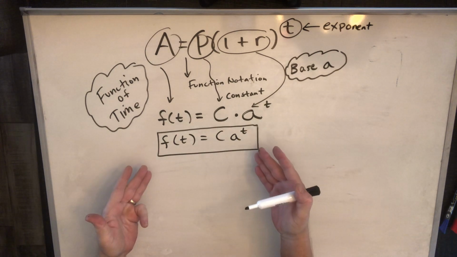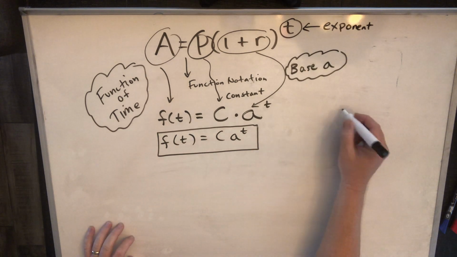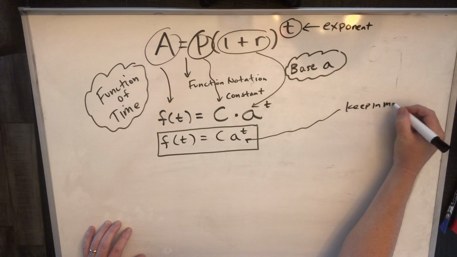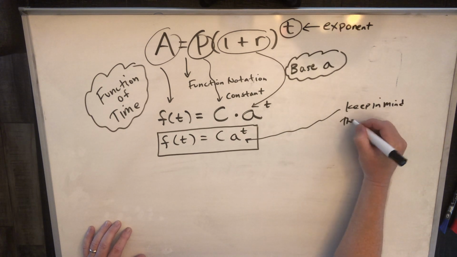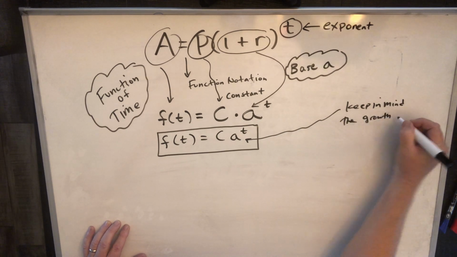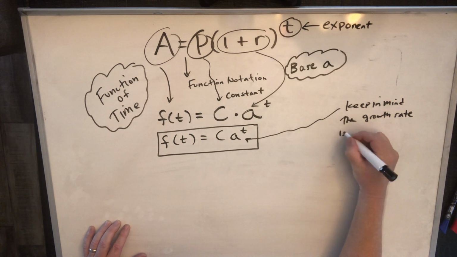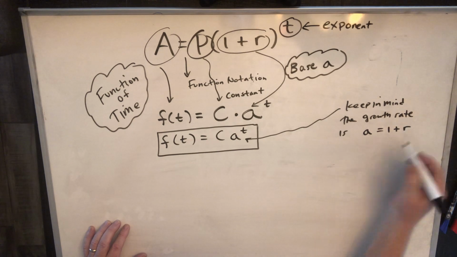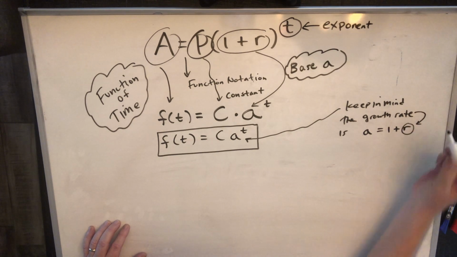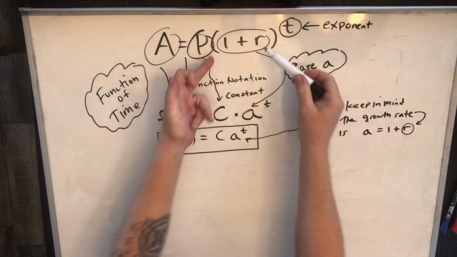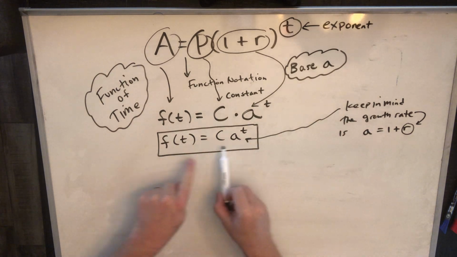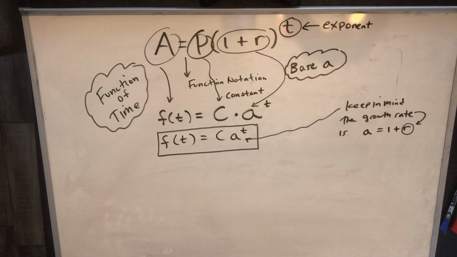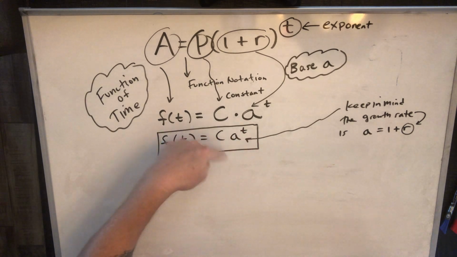So this is the same formula. Keep in mind the growth rate: A equals 1 plus R, and the growth rate is R. So when we rewrite our function into what we call the CAT formula, f of t equals C A to the t, the growth rate is not apparent.